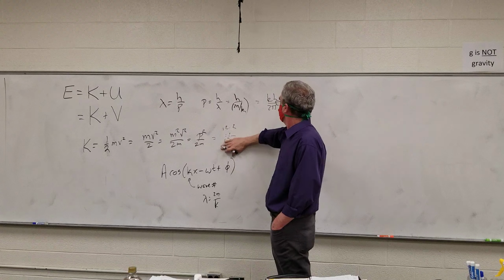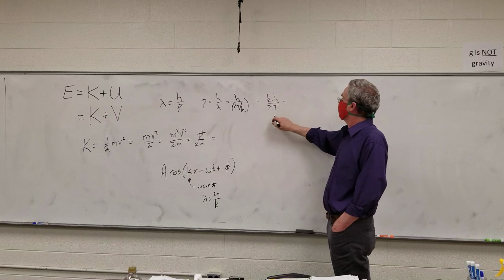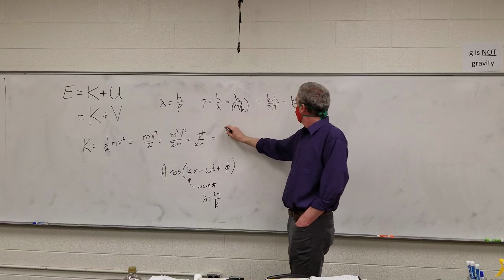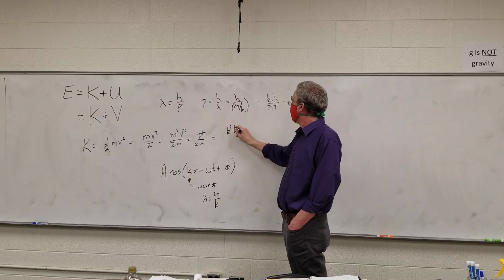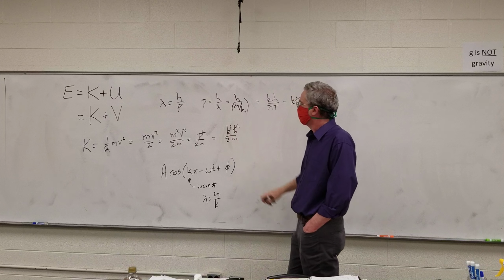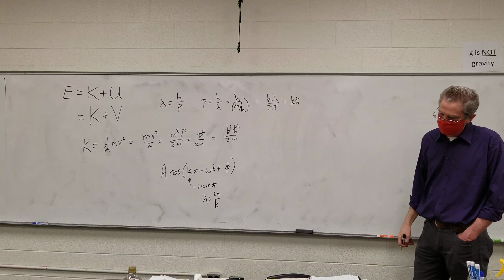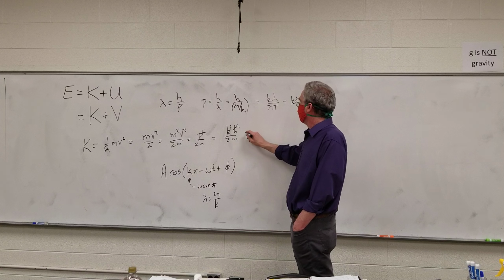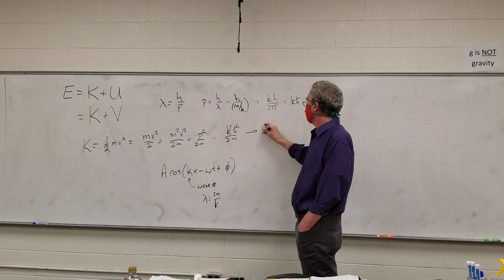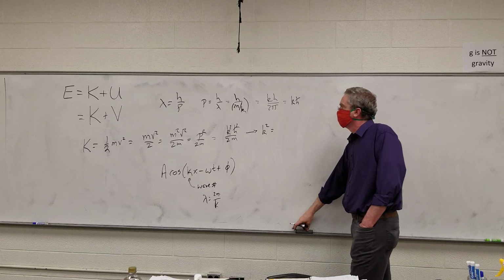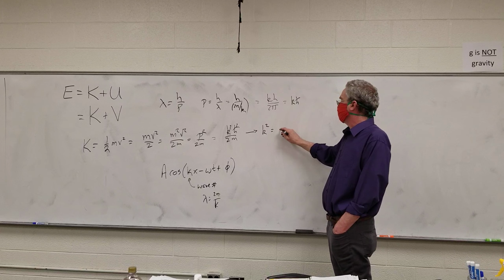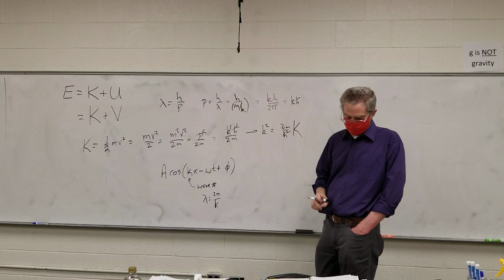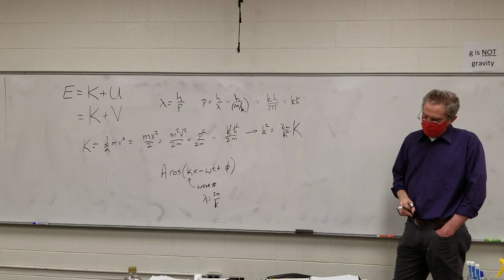Actually, h over 2 pi is just h bar, so I get k squared h bar squared over 2m. And therefore, k squared is equal to 2m over h bar squared times the kinetic energy.